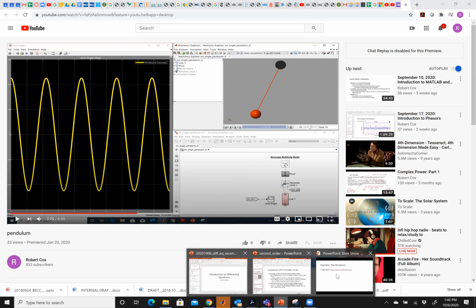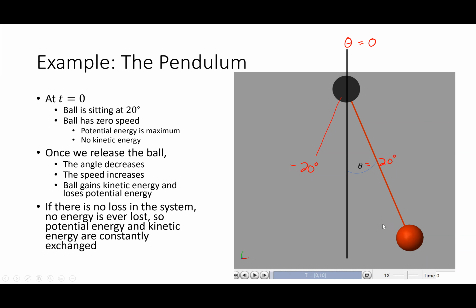So I'm not going to get all the way back to 20 degrees. I might only get to 15 degrees, and then I'm going to swing over here and I might only get to negative 10 degrees, and then I might get to 5 degrees, and eventually I'm going to settle out at 0, right? Why do I know I'm going to settle out at 0? Because there's losses, right? The losses are going to make sure whatever energy was there to start with is now gone.